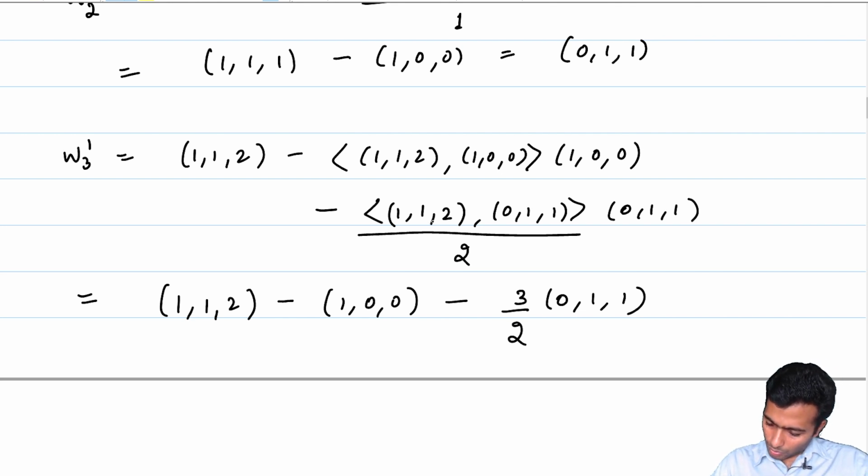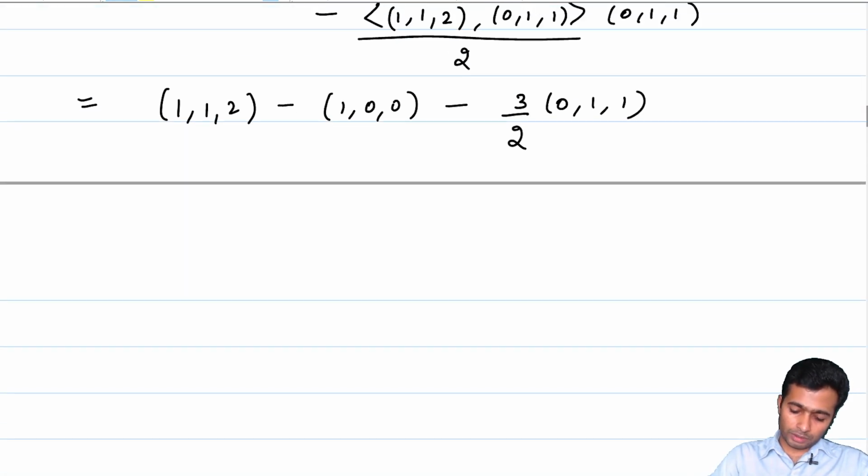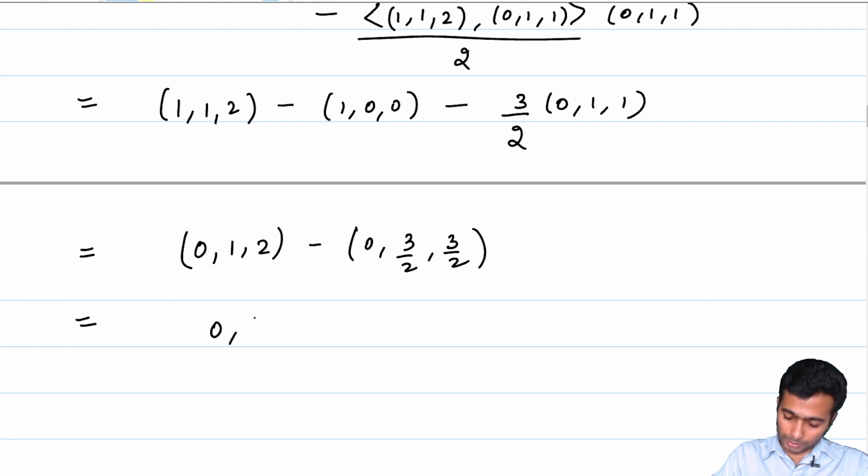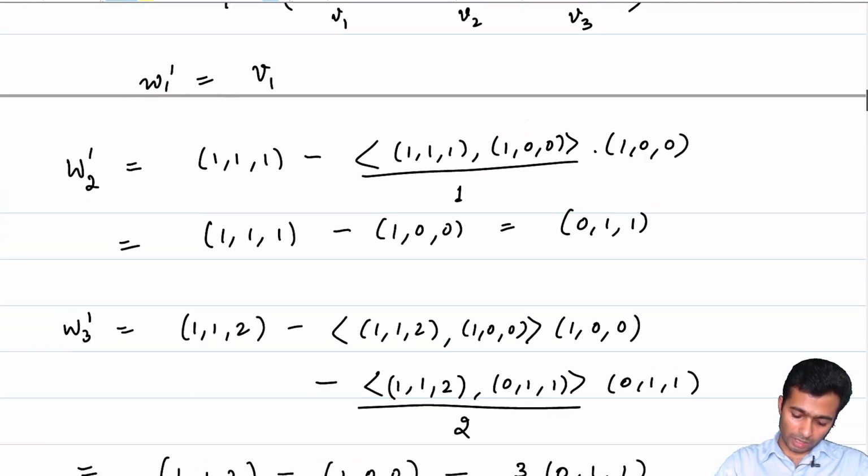Let me be careful. 1 plus 2 is 3. Yeah, 3 by 2. Alright, so this is just going to be equal to 1 minus 1 is 0, 1 comma 2 minus 0, 3 by 2, 3 by 2, which is equal to 0, 1 minus 3 by 2 is minus half, 2 minus 3 by 2 is half. And therefore, W3 prime is obtained in this manner.